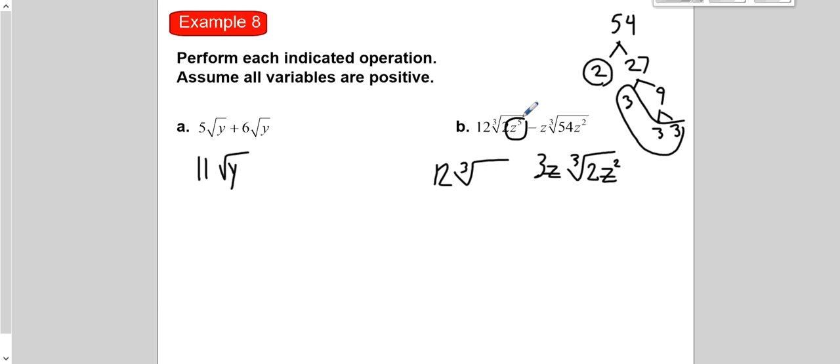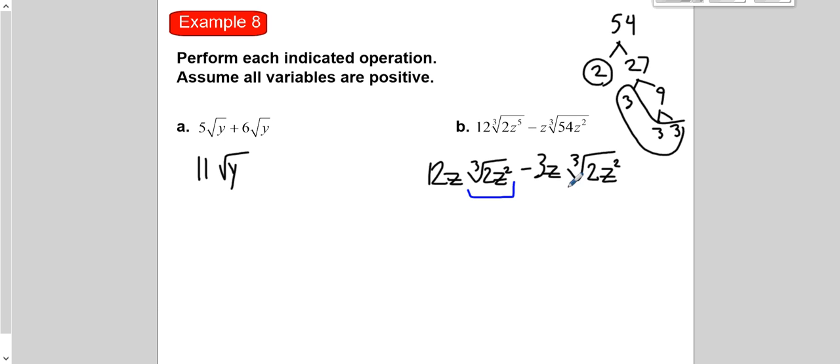Oh, we can't leave a z to the 5th. We have to simplify this one also. Okay, simplify both of them individually. Then we can subtract if they're like terms. All right, z to the 5th, we can pop out a z. So we have a 12. Pop out a z. That takes care of 3 of those z's with 2 left inside. Now are they like terms? Yes, they are. Look, this part here.